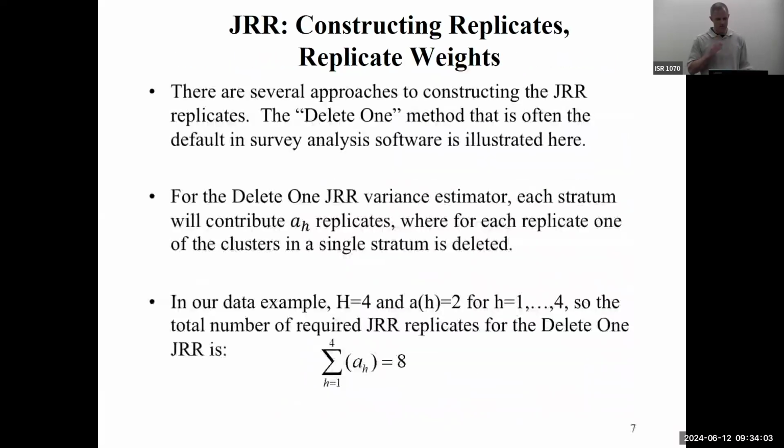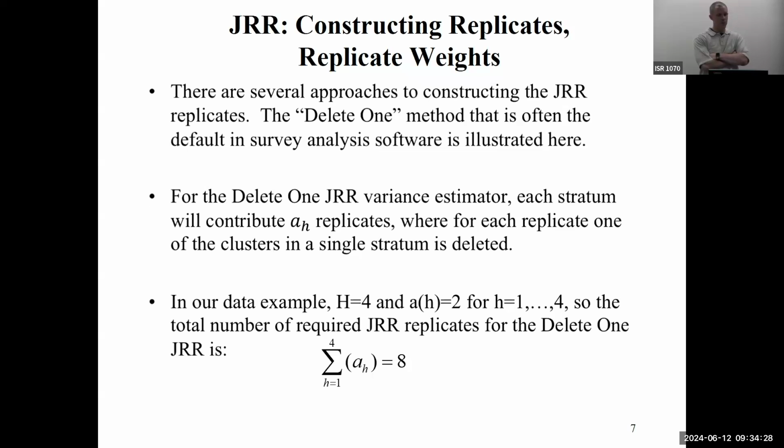All right, so here's what we're doing with the jackknife. There's several different ways to actually create jackknife replicates. The most common is the delete one method that I introduced, where you take one PSU out of the observed sample and you upweight the other cases. That is the default in most software that's going to allow you to create replicate weights on your own, this delete one method.